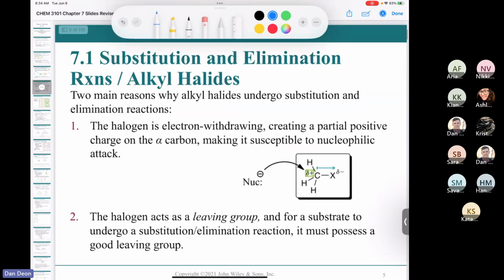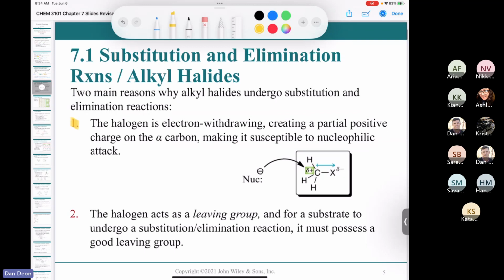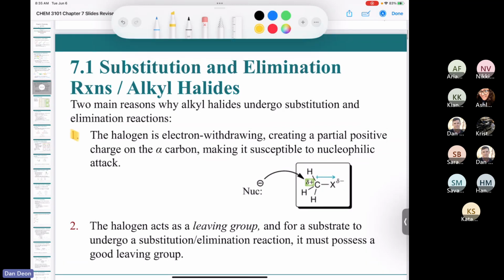So it says here, there's 2 main reasons why an alkyl halide can undergo both substitution and elimination. Let's take a look at these very carefully. Number 1, the halogen is electron withdrawing, creating a partial positive charge on the alpha carbon, and thus it renders it susceptible to nucleophilic attack. So if you look at this molecule here, all they're showing you is just CH3X, okay?